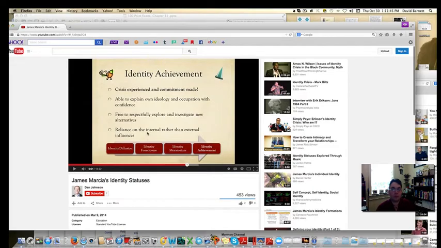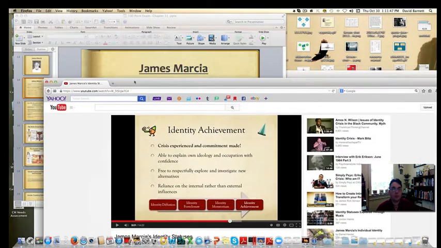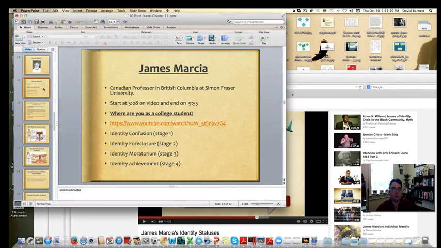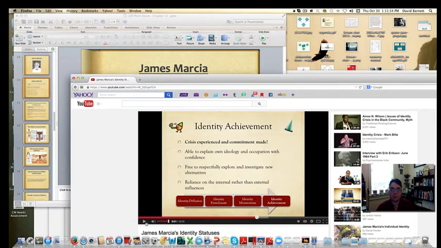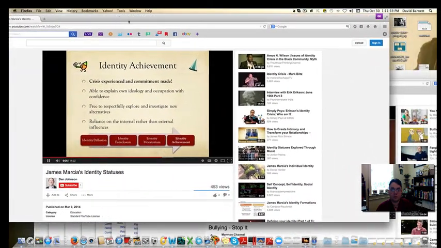Okay. Our final status, identity achievement, is the most advanced status. It's where where individuals have experienced crisis, meaning that they have adequately explored alternative identities, and they've also made a confident and strong commitment to their very own ideological stance and occupational direction.